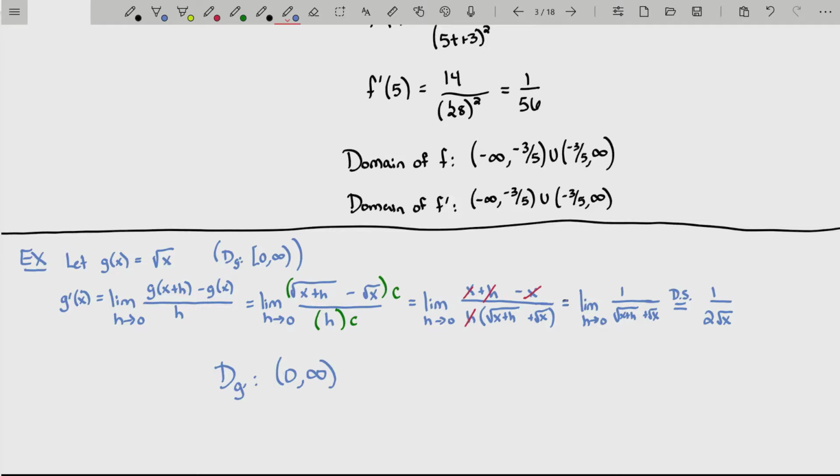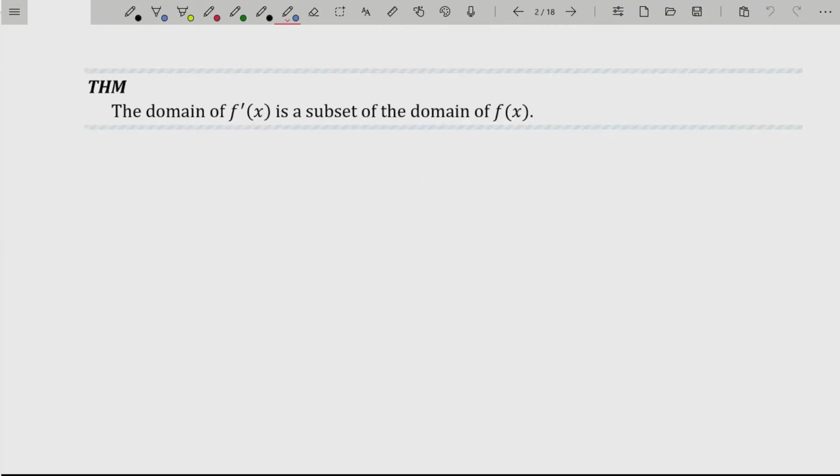When you have a function with an interval I for its domain, the derivative of that function might lose a piece of that domain. And when it does, it will, more often than not, be an edge piece. So that gets us to our theorem that I skipped to get to this problem. The domain of f prime, the derivative, is a subset of the domain of f.